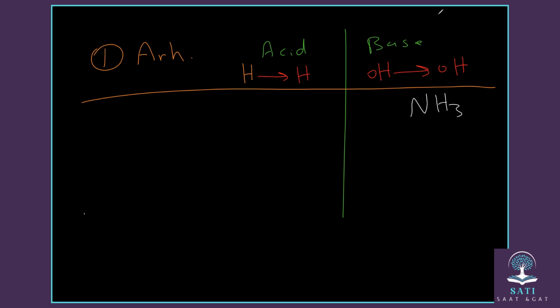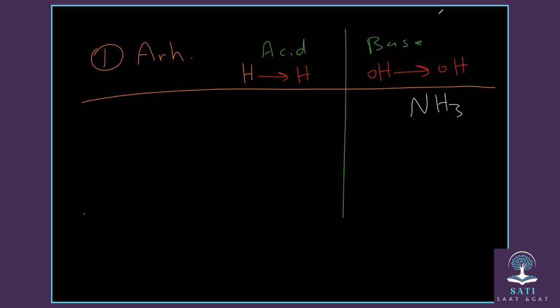Based on Arrhenius' definition, is this a base or an acid? It doesn't donate H in reactions, so it's not an acid, and it doesn't have OH, so it's not a base based on Arrhenius' definition.